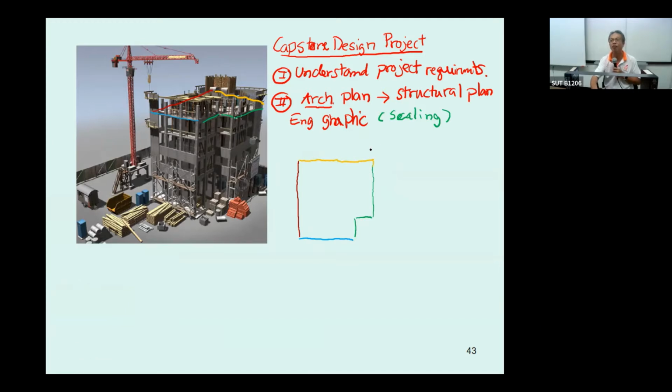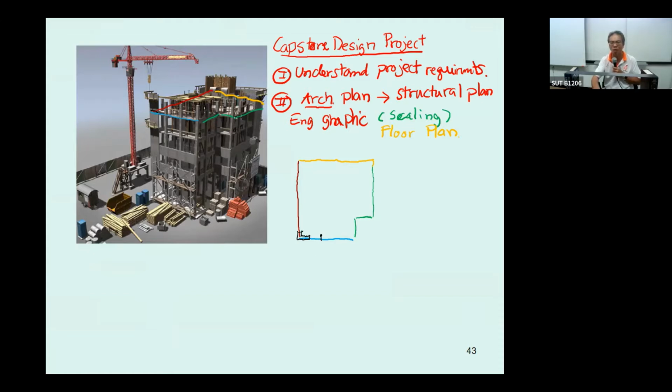Okay, on the floor plan, you're going to check the position of the wall and the column. For this one, you're supposed to start by checking this wall. So this is going to be the wall. Usually this wall is used to resist the wind load, the lateral load. And then you have 1, 2, 3.